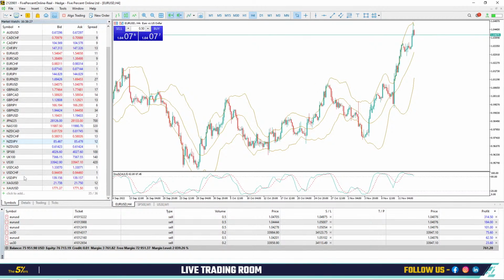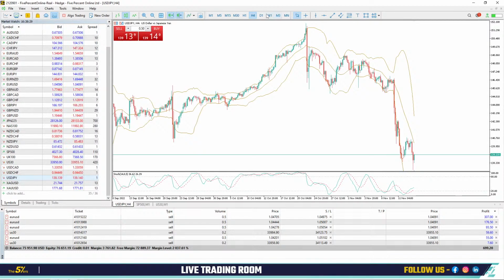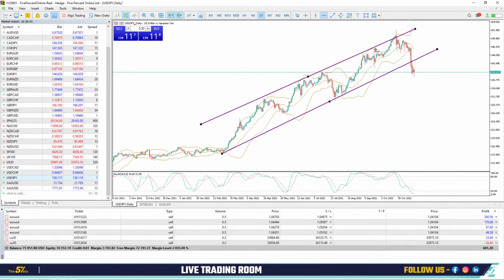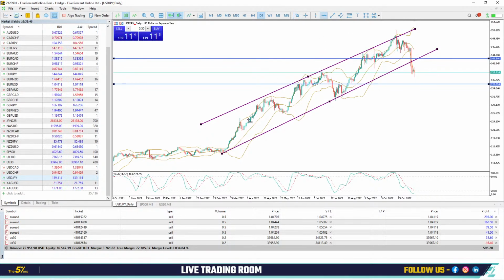But if you look at the dollar yen, here it's also an explanation. I was looking at that for a long period of time, and you can also look at all of my trading rooms: I'm not looking to buy the dollar yen here or here or here.